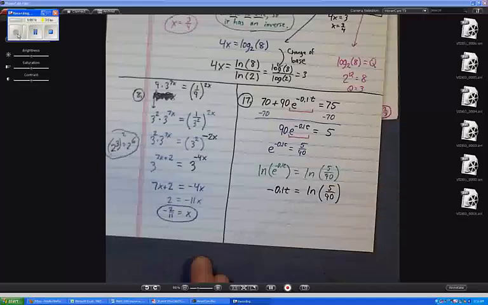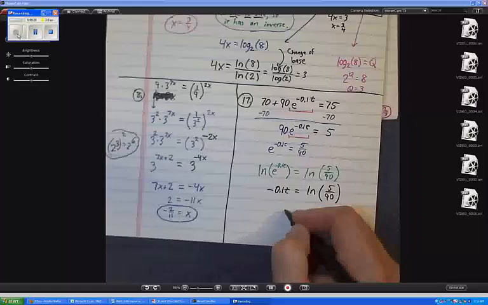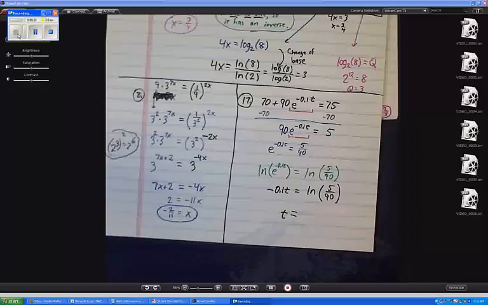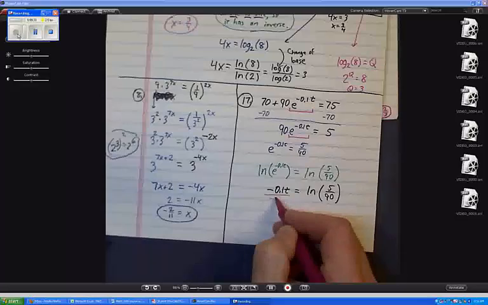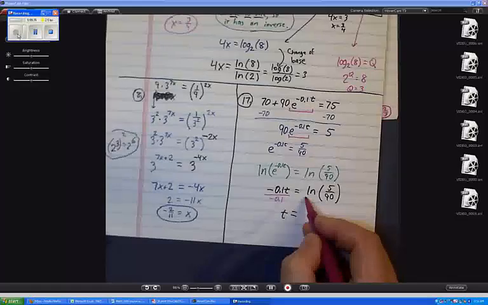And so I guess my last step would be, what would you do to both sides to get the t by itself? I want to get t by itself, right guys? You could divide by negative 0.1. So you could take this thing and divide by negative 0.1. You could also multiply by negative 10.